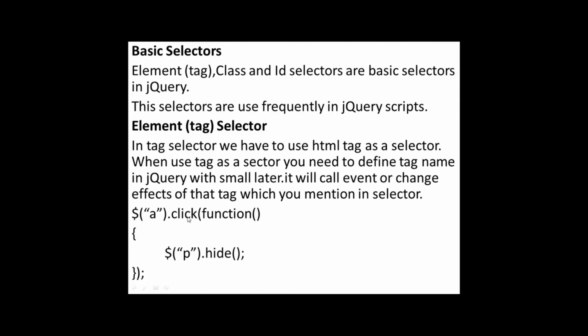This event will call and hide. This is the effect, my paragraph, and this is my p tag. So I use here an element selector with the a tag and the paragraph tag. This is used with the event and this is used with the hide effect.